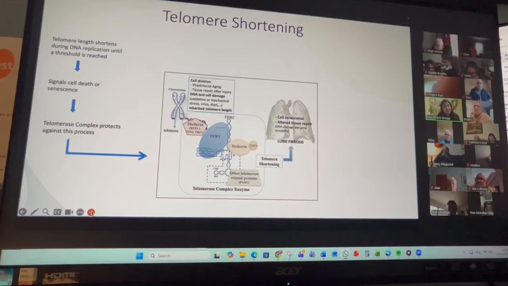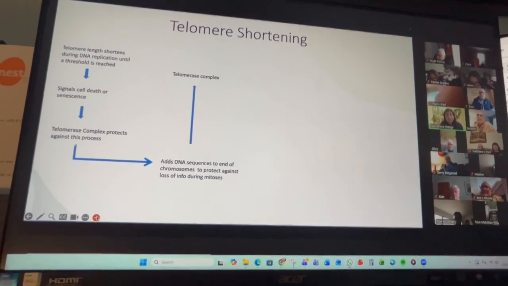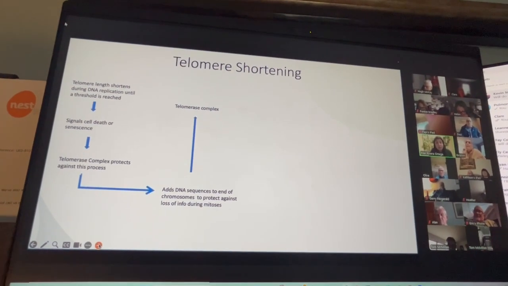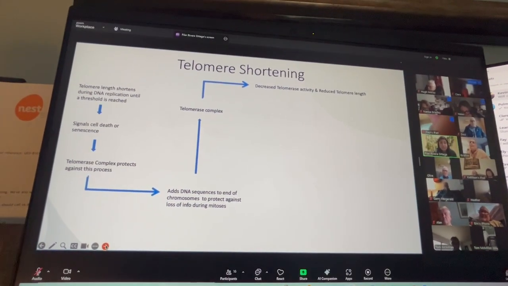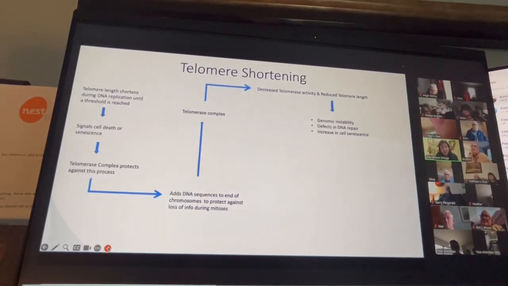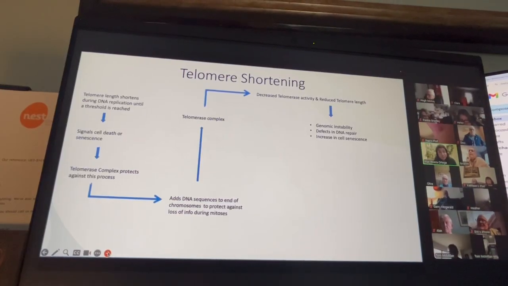And this enzyme is really good, but what happens when this enzyme is not working anymore? We have a decrease of the activity of this enzyme, and we have a reduction of the telomere length. And that causes our genome to be not stable anymore.